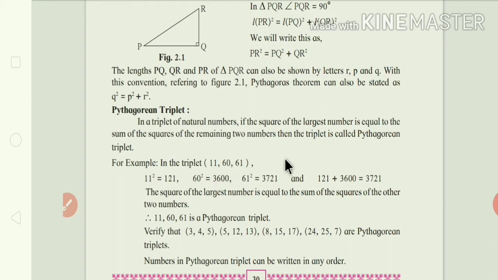This means the square of the largest number, 61, is equal to the sum of the squares of the remaining two numbers. Hence 11 square is 121, 60 square is 3600, and the bigger number 61 square is 3721.